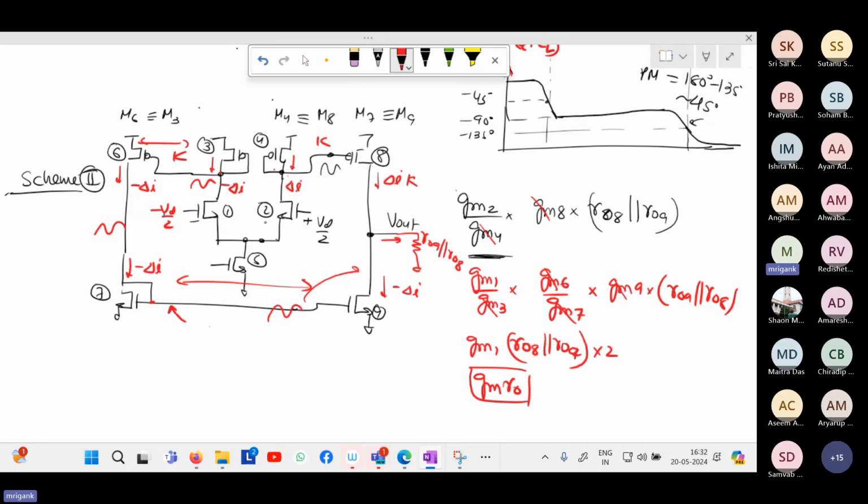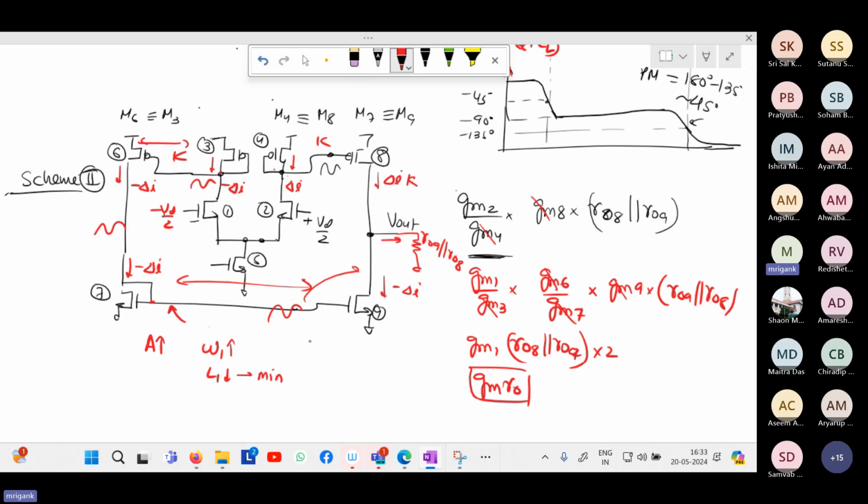I can keep the minimum length and get maximum GM from the first stage by increasing the W by L of the first stage. For the input devices, for larger gain, you can increase W1 and W2 and keep L1 minimum. Likewise, the length of M3, M4 can be kept minimum also.